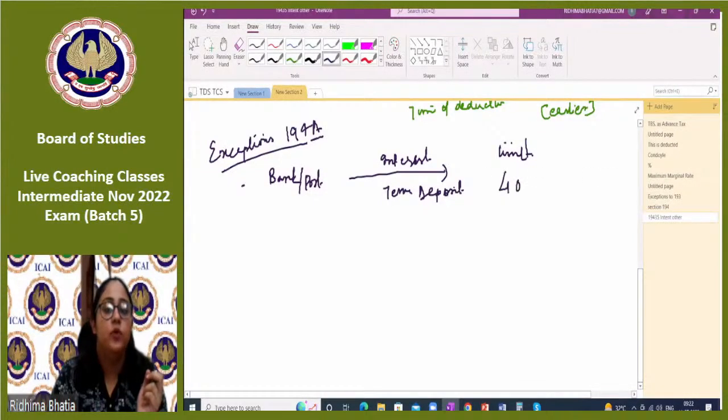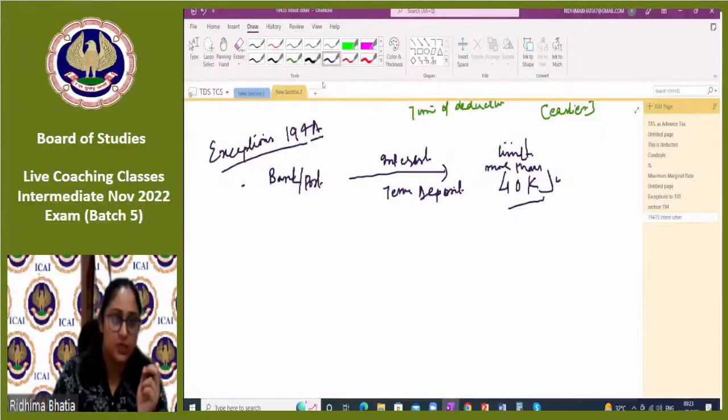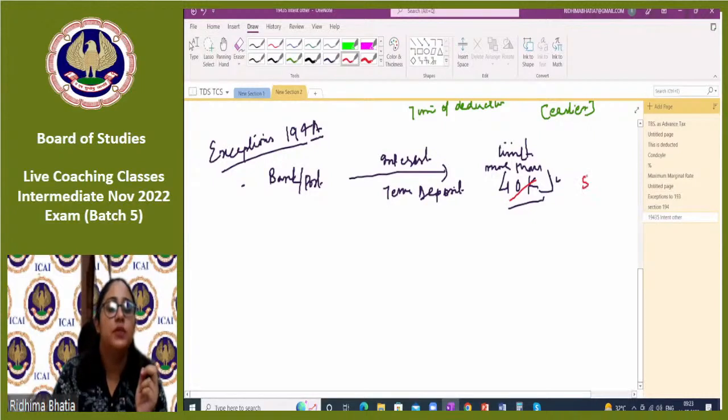The limit would be 40,000. So if the interest on your term deposit is more than 40,000, then only the bank will deduct the TDS. However, to provide relief to senior citizens, this 40,000 ka limit becomes 50,000 if the payee is a senior citizen.